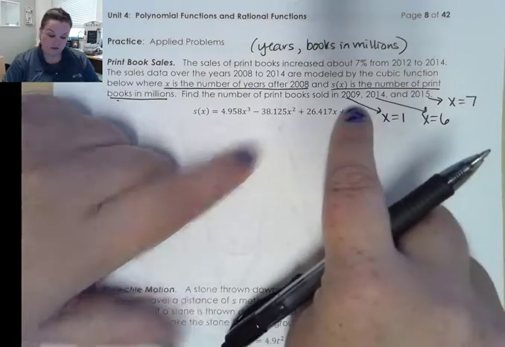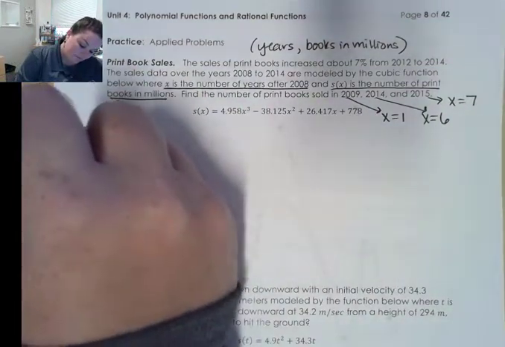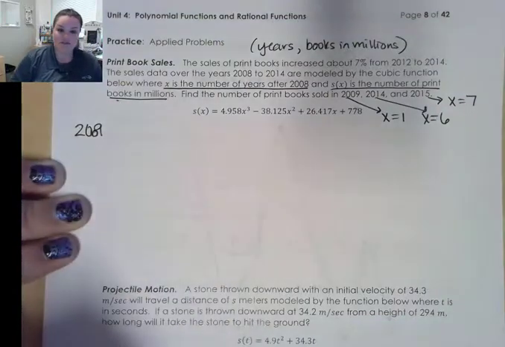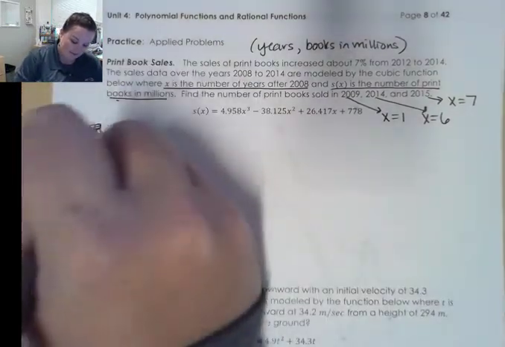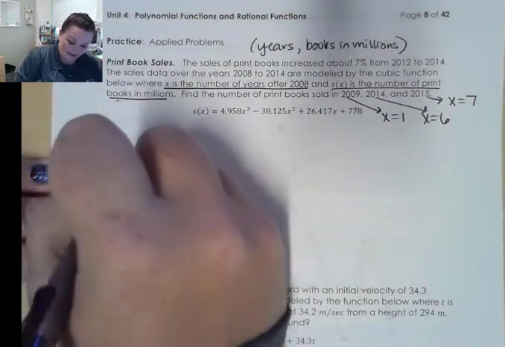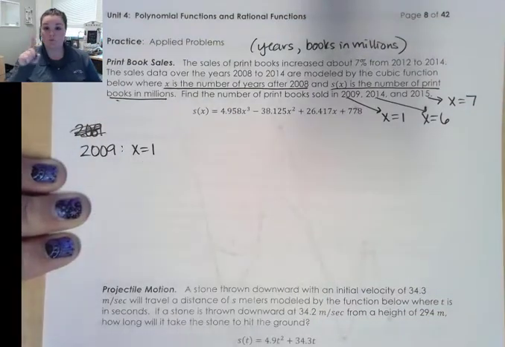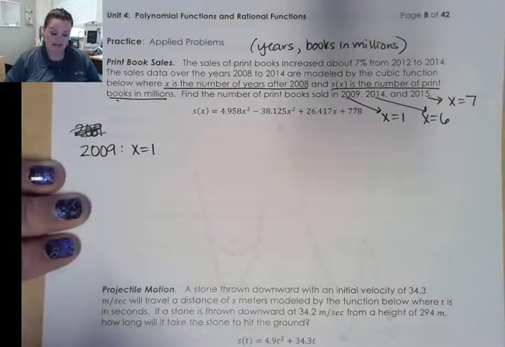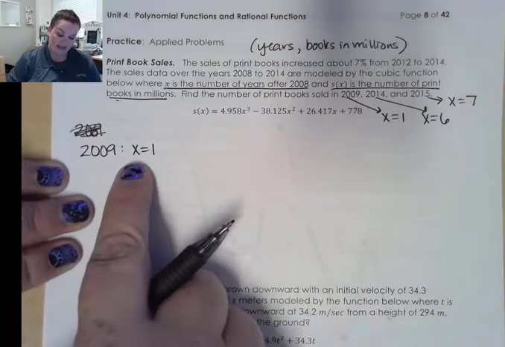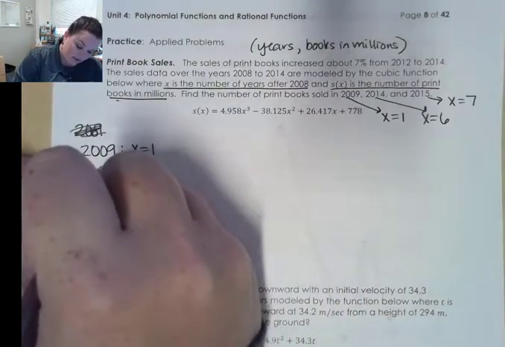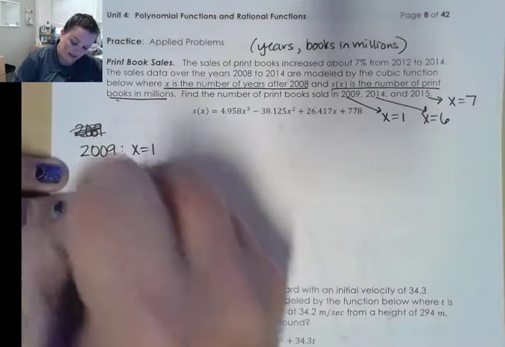So for 2009, we know x equals 1 because it's 1 year since 2008. So if we plug in a 1 for x, we're doing S evaluated at 1.